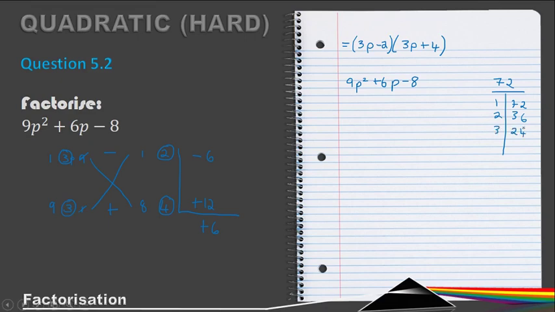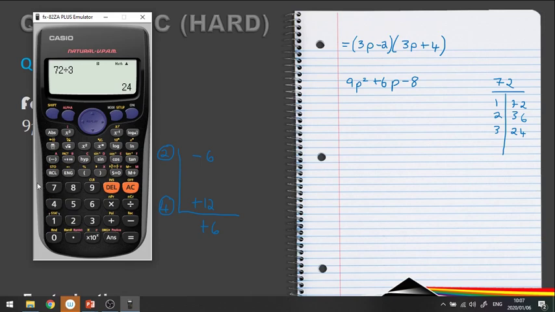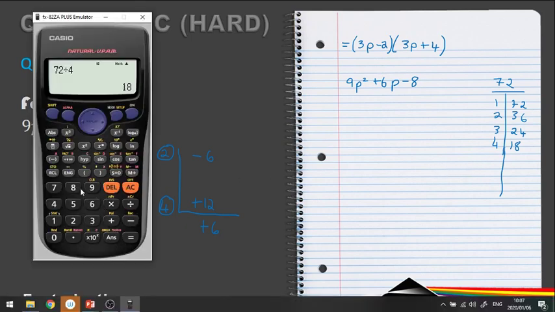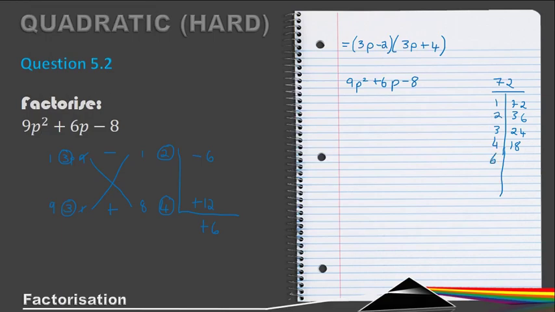Then 72 divided by 4 is 18, so 4 times 18. Then 5 can't go in there, because a multiple of 5 ends with 0 or 5. Then 6, let's see, 72 divided by 6 is 12, so 6 times 12.